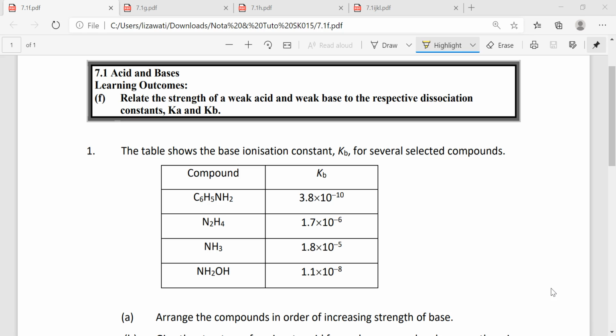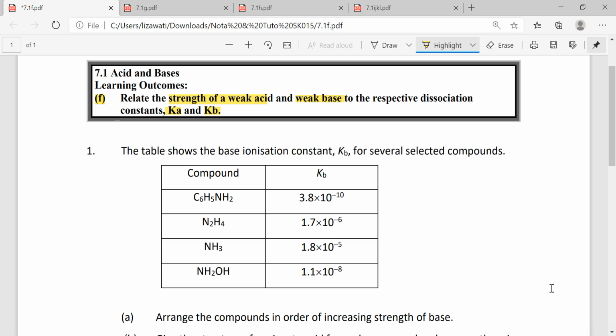Today I would like to discuss tutorial 7.1F. It's about the strength of weak acid and weak base to the respective dissociation Ka and Kb. Let's take a look at the question here.